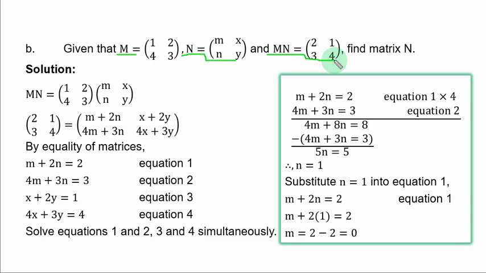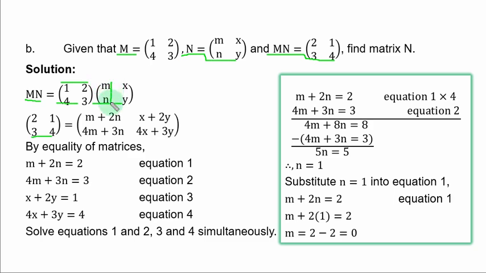Find matrix N. From the problem, the product MN, first is multiplying matrix M by matrix N, and the product is given to you as this matrix. So when multiplying, you use this first row to multiply the first column.